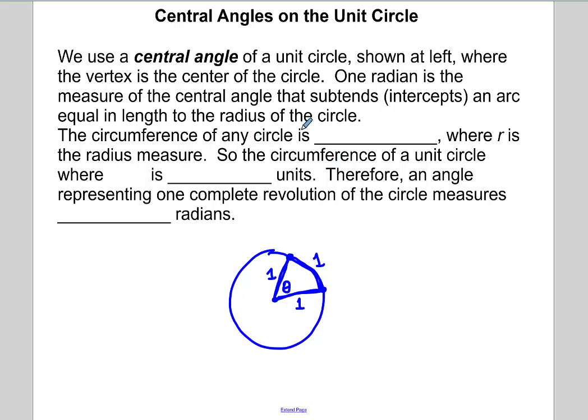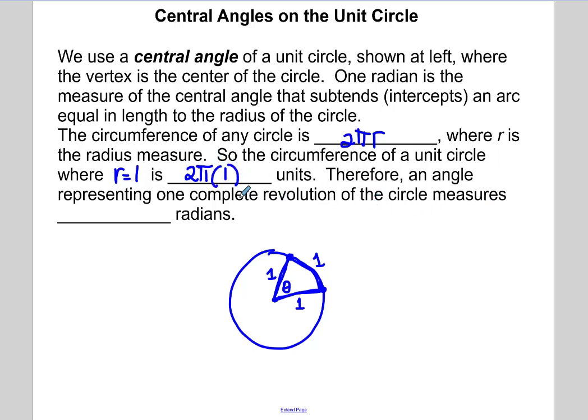The circumference of any circle is 2 pi r, where r is the radius. So the circumference of the unit circle, where r equals 1, is 2 pi times 1.